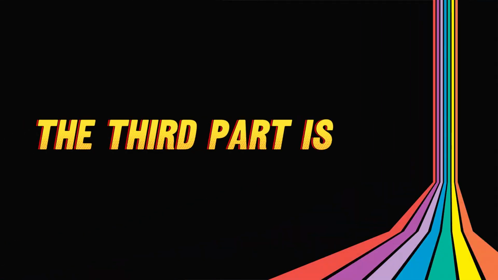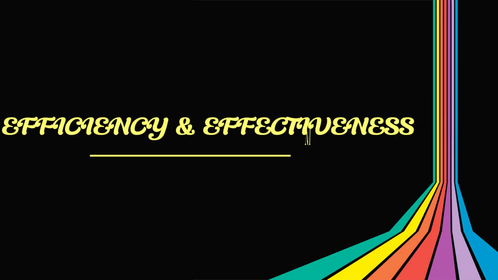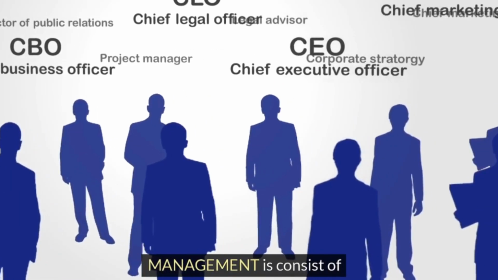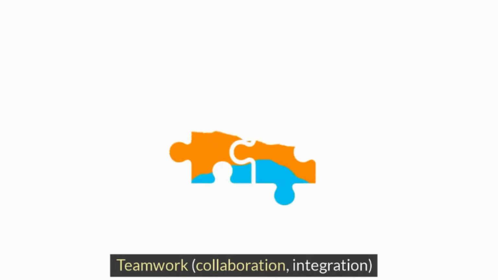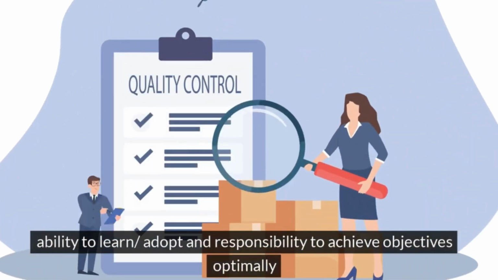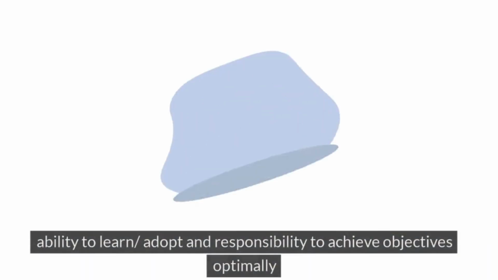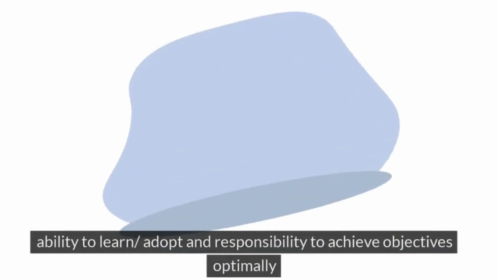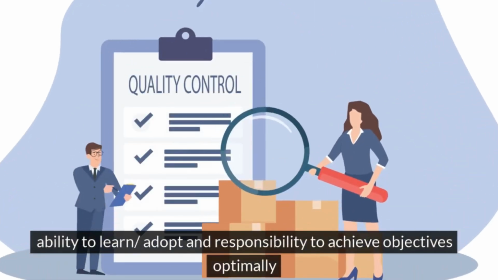And the third part is management. As we know, management means efficiency and effectiveness. And here it consists of teamwork, meaning collaboration and integration among all stakeholders, then the ability to learn and adopt all the processes or the system, and then responsibility to achieve the objective optimally.